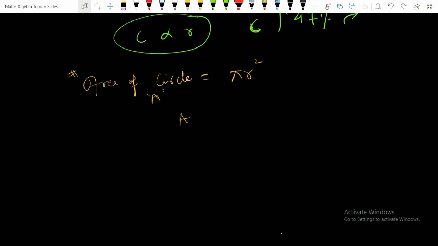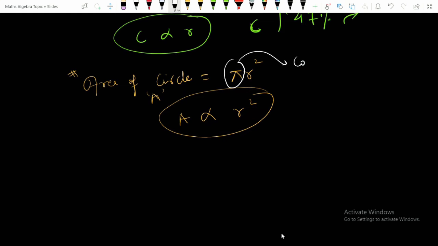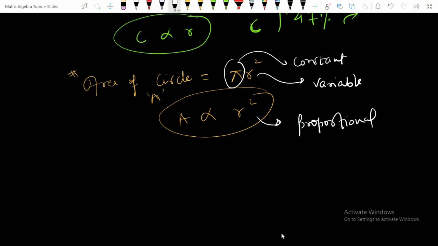A, we can say, is directly proportional to r square. Why? Because this pi is constant, and this is variable. So it is directly proportional, but proportional to r square, not single r.